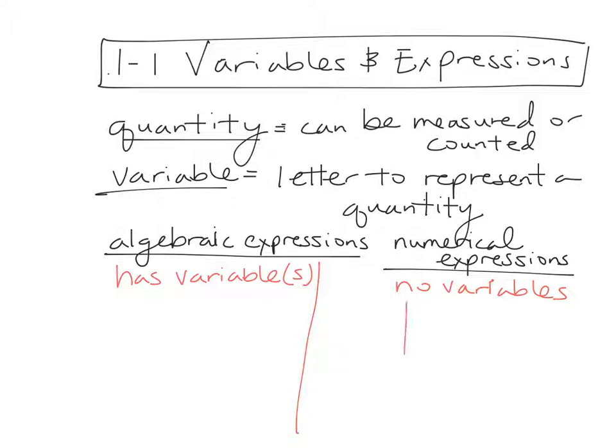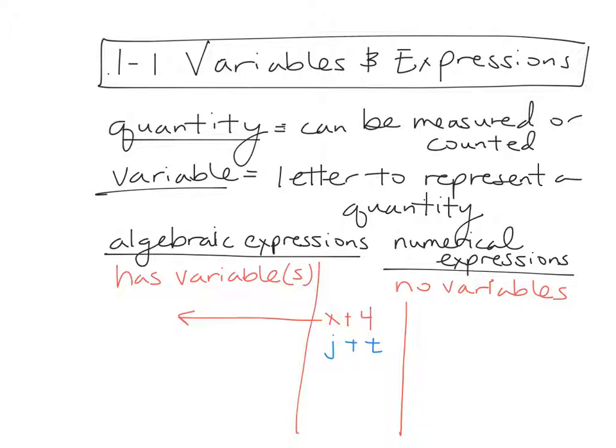So if I gave you x plus 4, is that algebraic or numerical? That's an algebraic expression, so that would go under here. If I gave you j plus t, algebraic or numerical? That's algebraic again, right? Because we have variables. Okay.